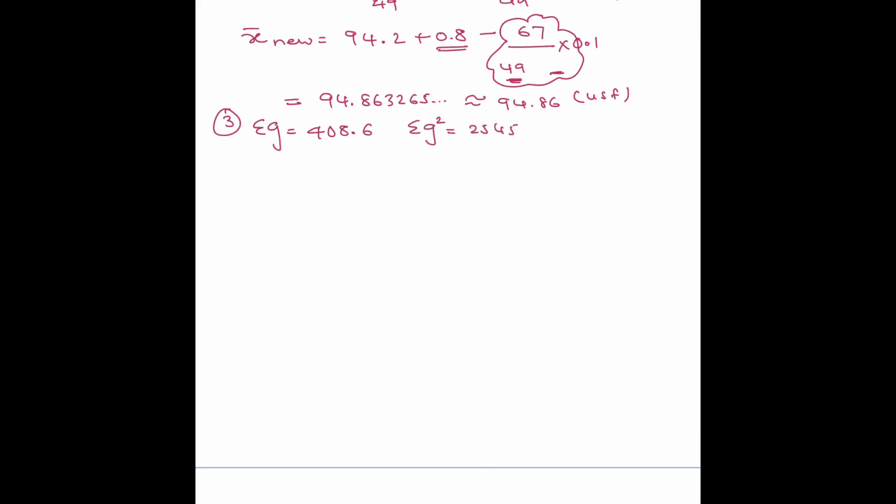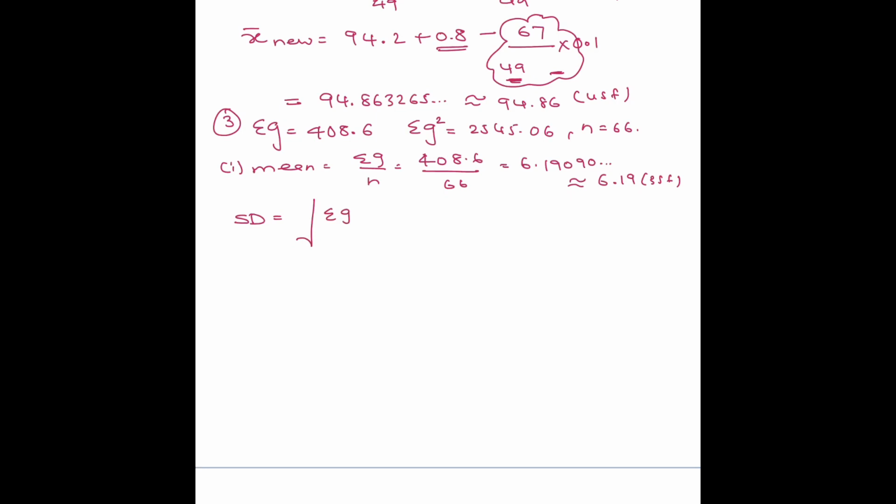Sigma G squared is 2545.06. Find the mean and standard deviation of the GCSE score. So N is 66. Now mean: sigma G over N, 408.6 over 66, 6.19090, approximately 6.19 to 3 significant figures.